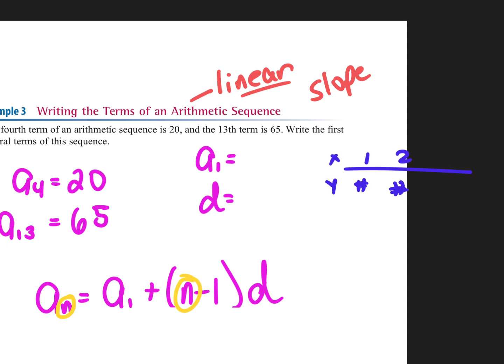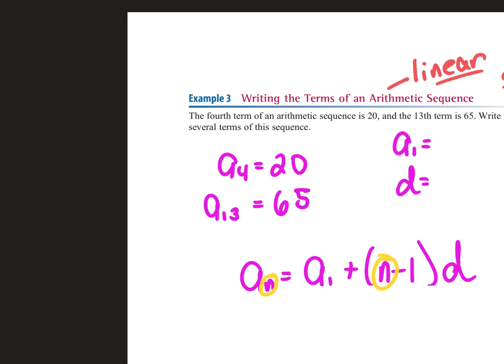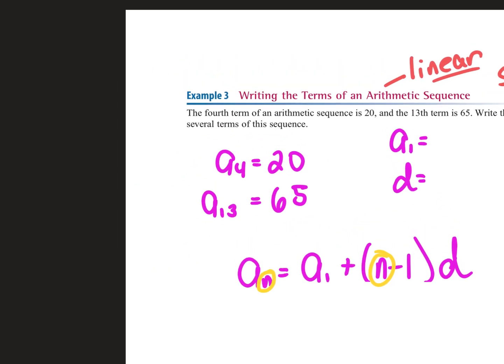Did they give you an ordered pair? Oh, 4 comma what? Why can I say 4 comma 20? Because that's an x and y. Because what kind of a function do we have? Linear. What's the other ordered pair? 13 and 65. So what did you just say, AJ?